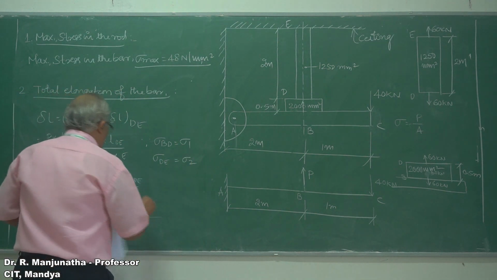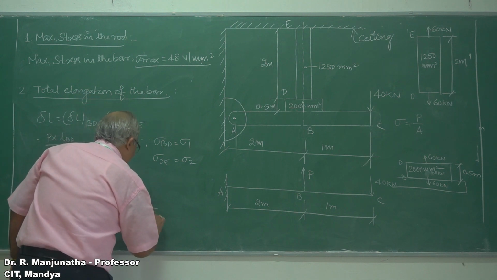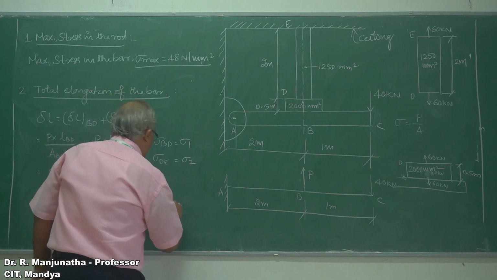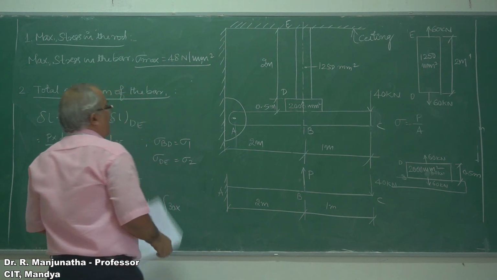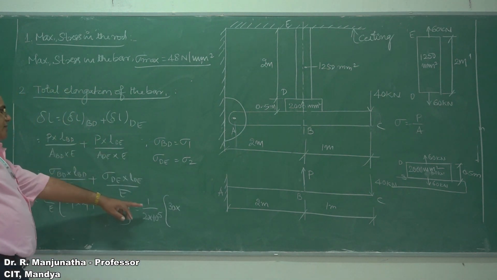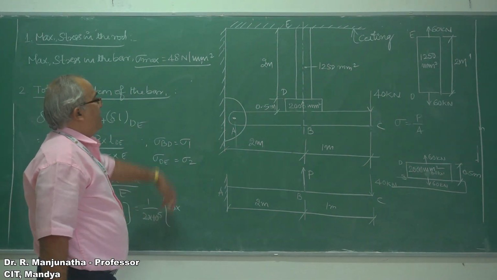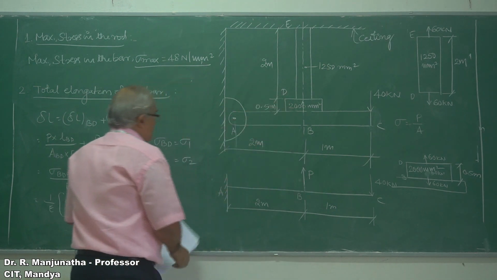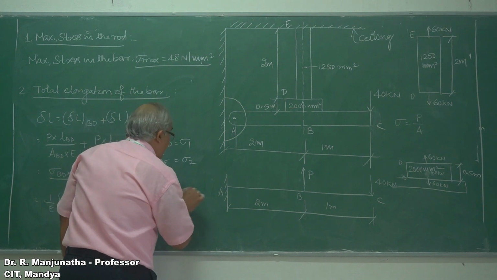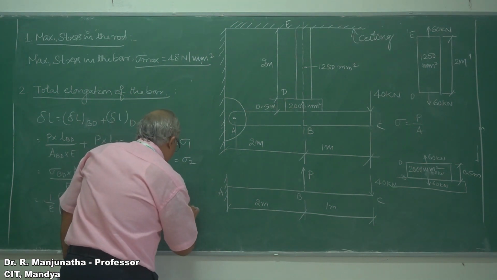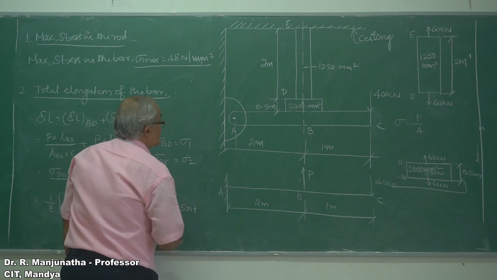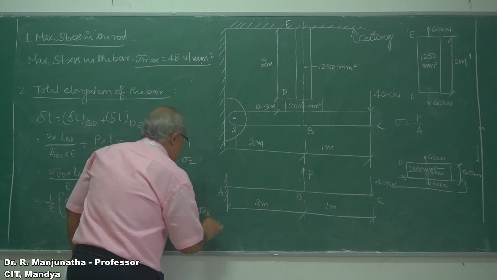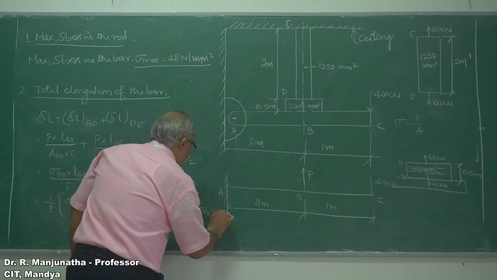So that will be equal to 1 by 2 into 10 to the power 5, into sigma 1, which is 30, into 500, because the stress value is in Newton per mm square, but the length is 0.5 meters, so you have to convert that into mm. 0.5 into 1000 is 500, plus sigma 2, which is 48, into the length of the member, 2 meters, which is 2000.